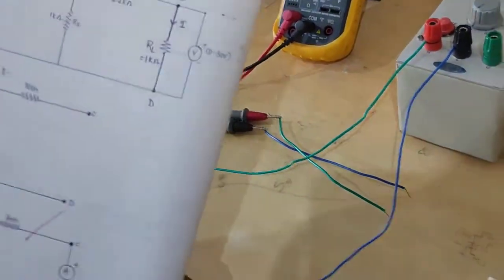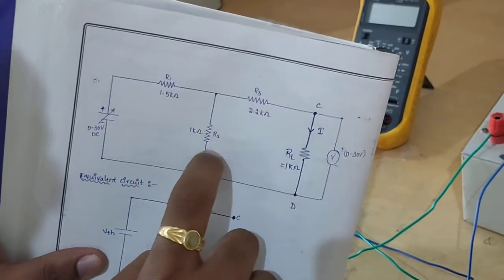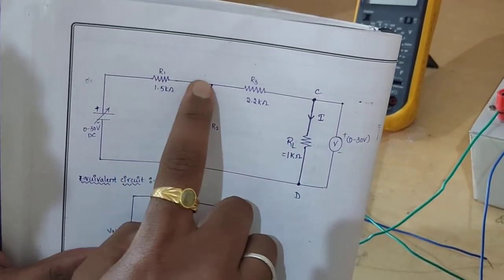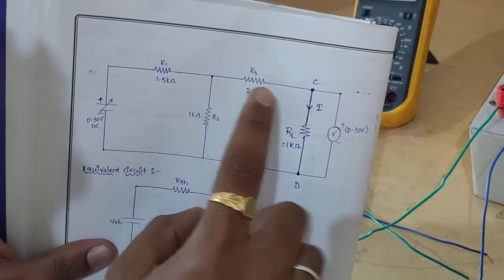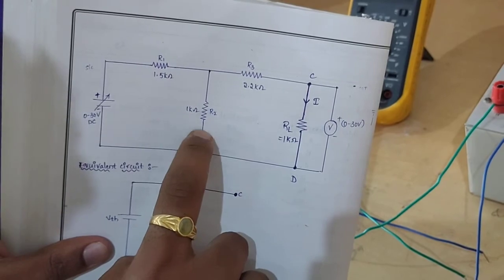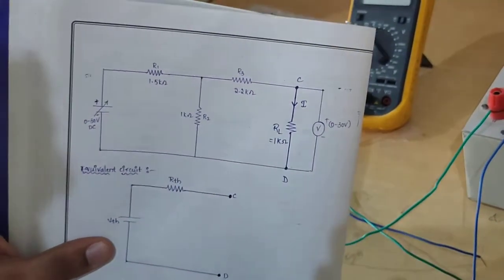Here if you can see, this is connected in T fashion. The positive terminal is connected to R1, R1's other terminal is connected to R2 and R3, R3's other terminal is connected to RL, and R2's other terminal is connected to the negative and RL. So like this you have to make connections.